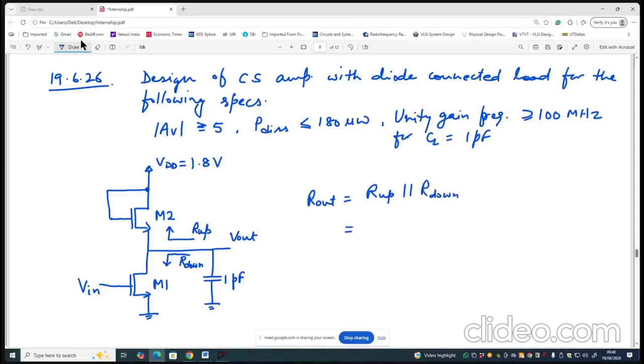Now R up, so you are looking into the source of the diode connected transistor. So what is the resistance seen looking into the source of a diode connected transistor? Do you remember? 1 by gm2. Yes. So this comes out to be 1 by gm2 parallel.